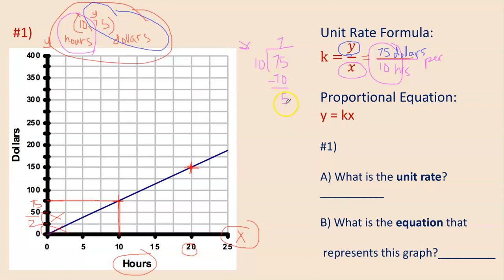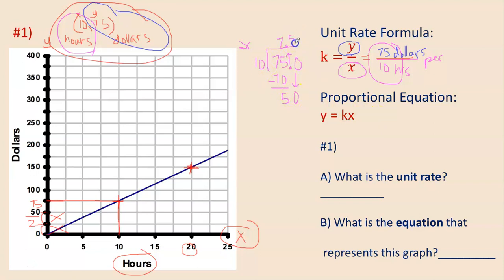And since this is not 0, and there's no number to bring down, I have to add a decimal, put that decimal at the top, and then add a 0, and bring down the 0. Then I ask myself, how many times does 10 go into 50? 10 goes into 50 5 times.